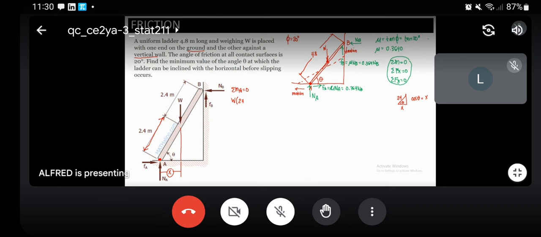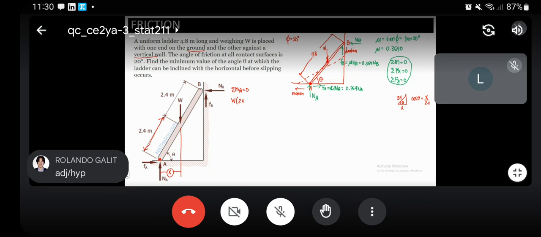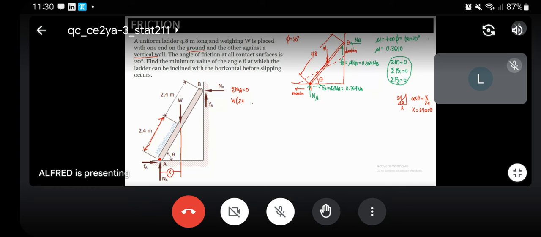It is adjacent over the hypotenuse. So solving for x, it is 2.4 cosine of theta. So your x is 2.4 cosine of theta. Okay? May question ba regarding that? Nagets nyo? Yes po. Okay. So that's 2.4 cosine of theta.